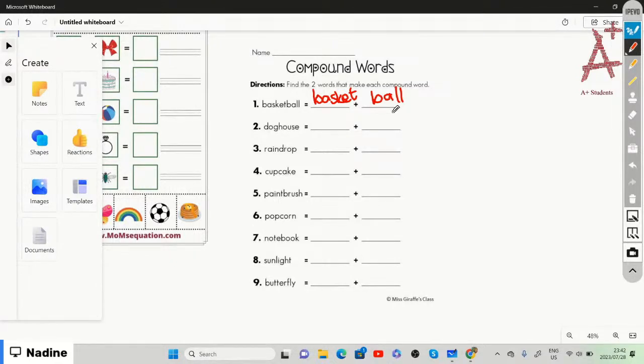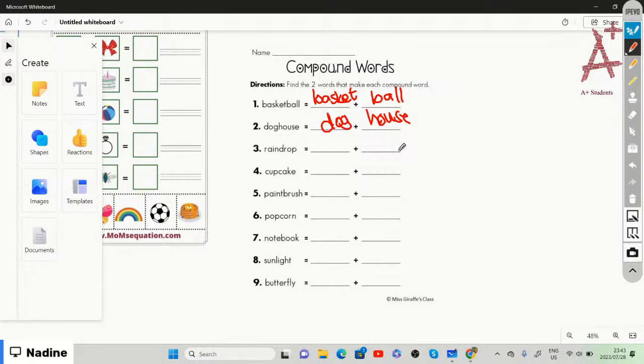Dog plus house. If we break up that word, then it is dog and we have house, which is doghouse. And doghouse is already the compound word that is given to us.